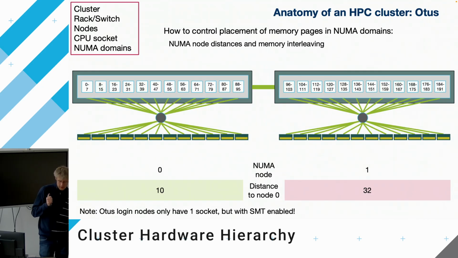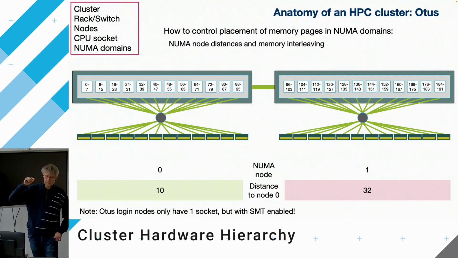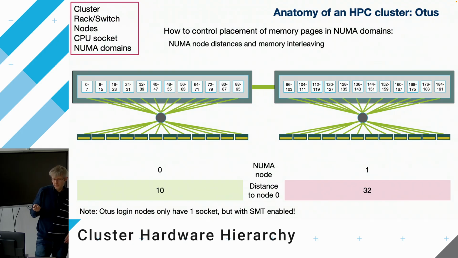Now, inside of the operating system, there is a certain grouping of these CPU cores, and these are called NUMA domains. A NUMA node does not mean a compute node, but a NUMA node is one of the groups inside of the operating system. So one NUMA domain.